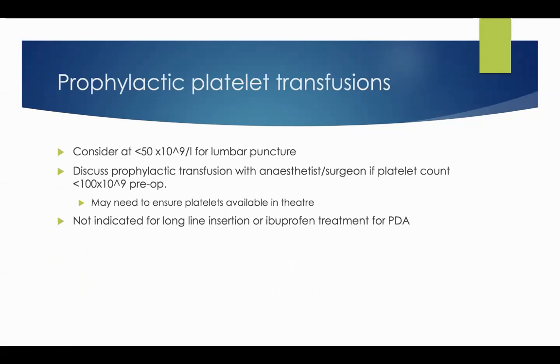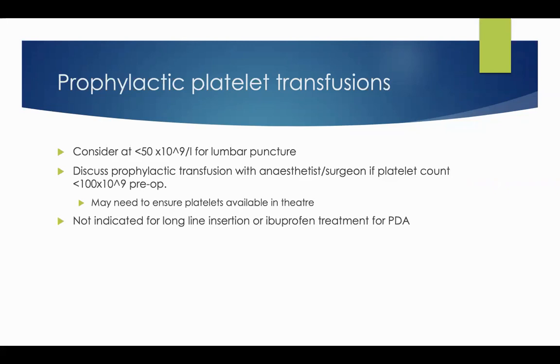In terms of prophylactic platelet transfusions, at the moment our guideline states that your platelet count should be at least 50 for a lumbar puncture. And if a baby is going to theatre for a procedure, then the platelet count should be at least 100, although it's always useful to discuss this with the anaesthetist and surgeon, as each case is different.